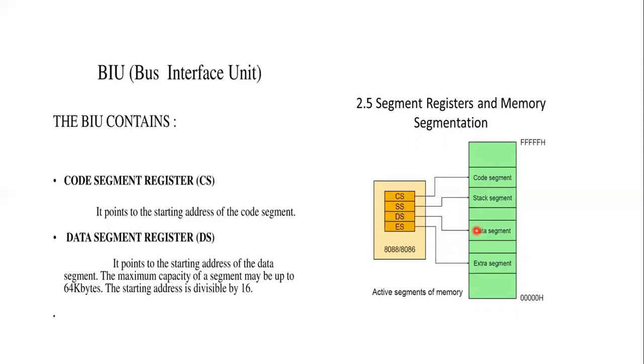Here the processor assumes that all the data referenced by the general registers AX, BX, CX, DX, and index registers SI and DI is located in the data segment. So that is the use of the data segment.